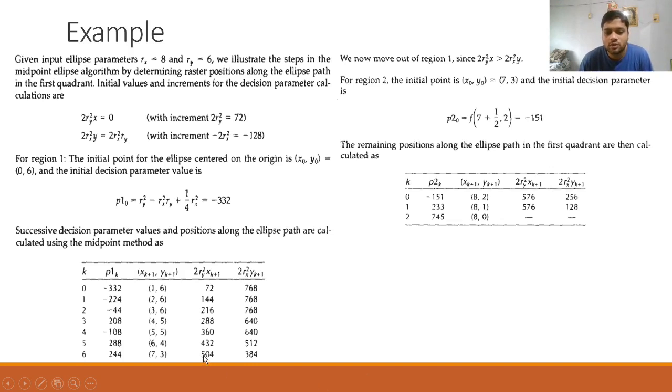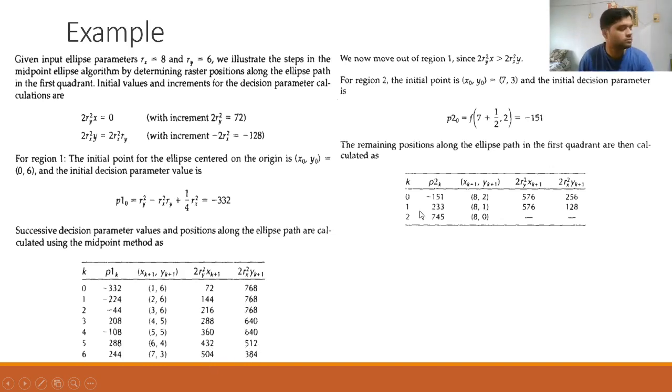Before this, 72 is less than this, 144 less than this, 216, 288, 360, 432 less than this, then 504 greater than 384.